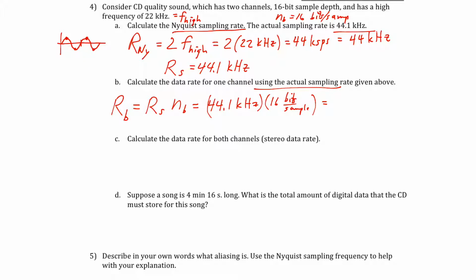And 44.1 times 16, let's see if I can calculate it. 44.1 times 16 is 705.6. And this is going to be kilobits per second, or 0.7056 megabits per second.